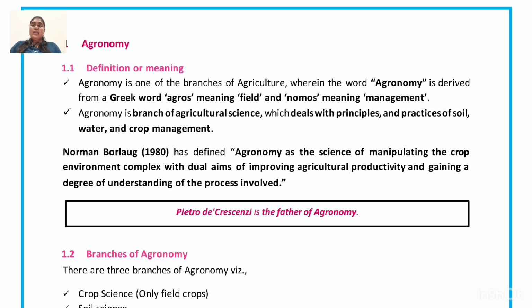The literal meaning: agros means field, nomos means management. When you combine both, it becomes field management. As I have discussed, agronomy is about field crops and their management. That is the literal meaning of this term agronomy, which has been derived from the Greek words agros and nomos.